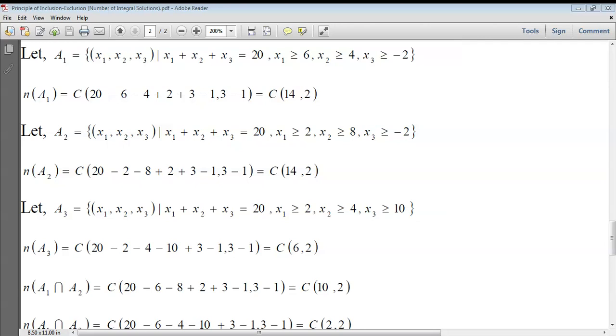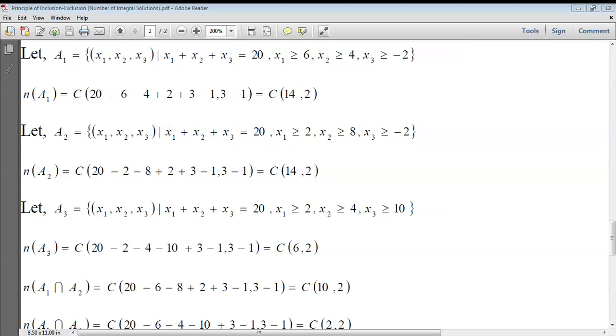So the common value will be x1 starting from 6. In A1 x2 is starting from 4, in A2 x2 is starting from 8, so the common value will be x2 starting from 8. In A1 x3 is starting from -2 and in A2 x3 is starting from -2, so the common will be -2.